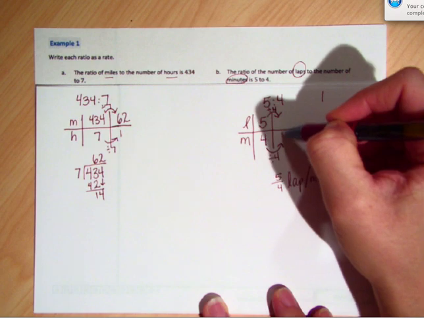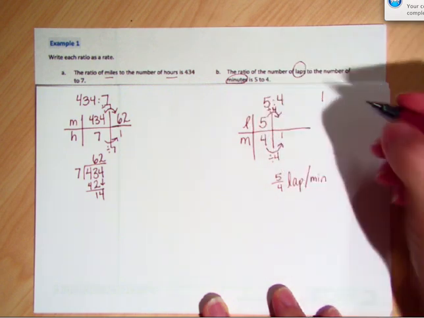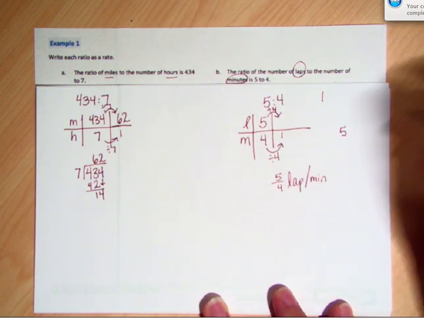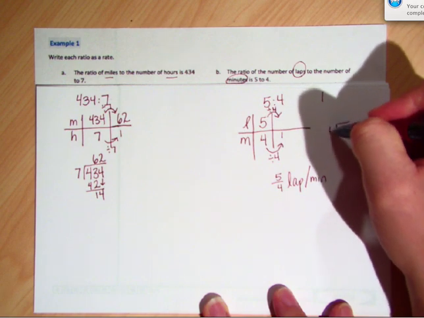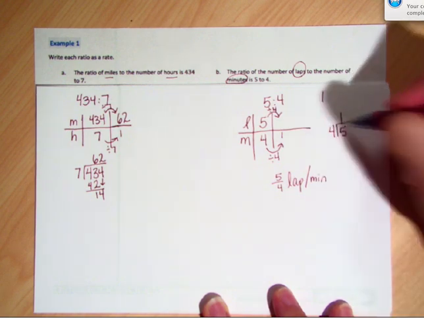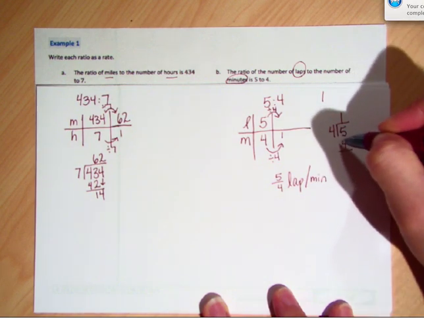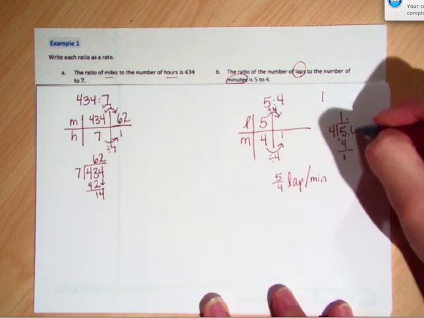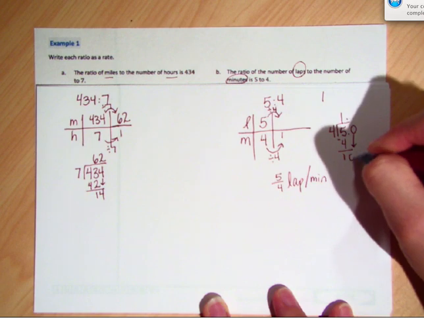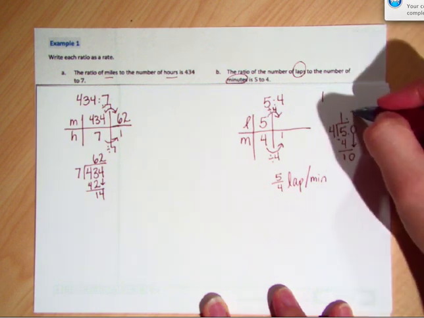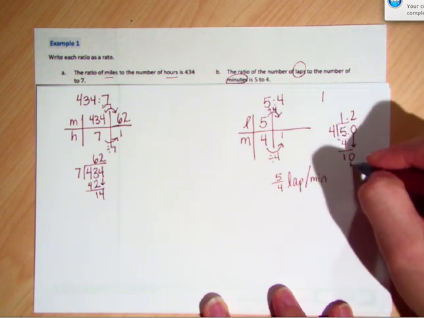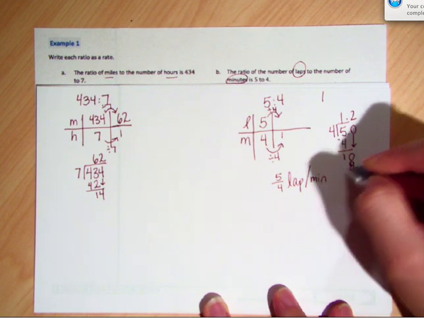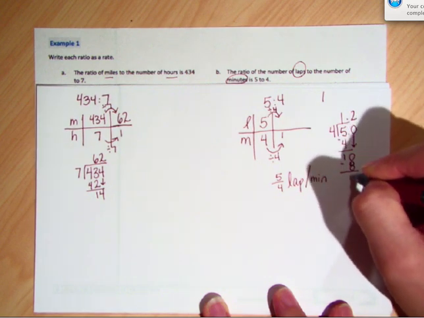Divide by 4 to get to 1, so we're going to do the same thing up here. So I'm going to write out my problem. 5 divided by 4 is 1. And I'm going to make it a decimal, so I have to place my decimal, bring down my 0. 10 divided by 4, I believe, is 2. Oops, that makes 8. I'm left with 2.